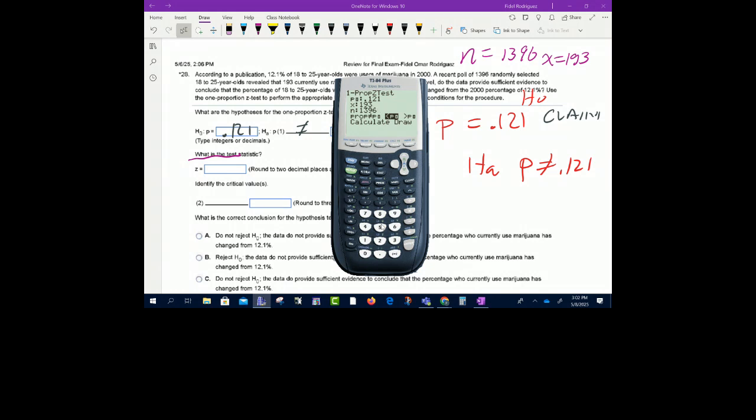Okay, y'all, I got to figure out, is this a left tail, right tail, or two-tail test? We should have a two-tail test, right? Because of the not equal to. So let me go down here, select that, and calculate. Okay, so y'all, I'm coming up with a Z value of 1.98.